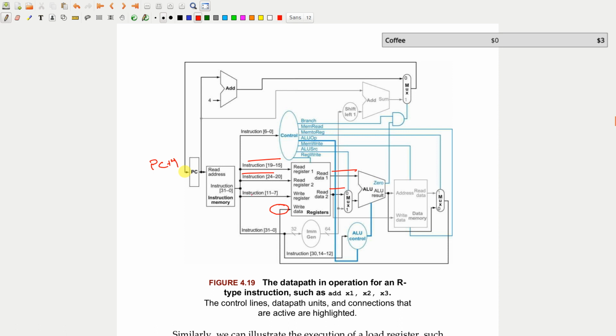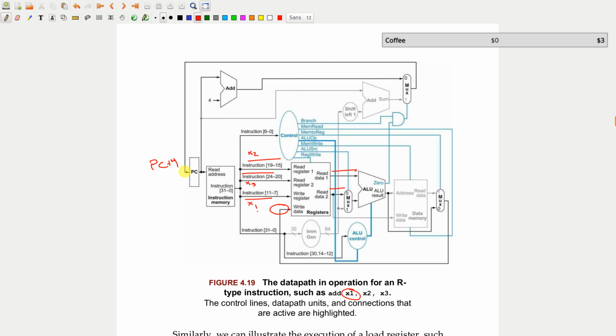Then here, it's going to be whatever register we are writing to. That's another part of the instruction. So in this case, it would be x1. So this says that we're going to take x2 and x3 and then write them into x1.